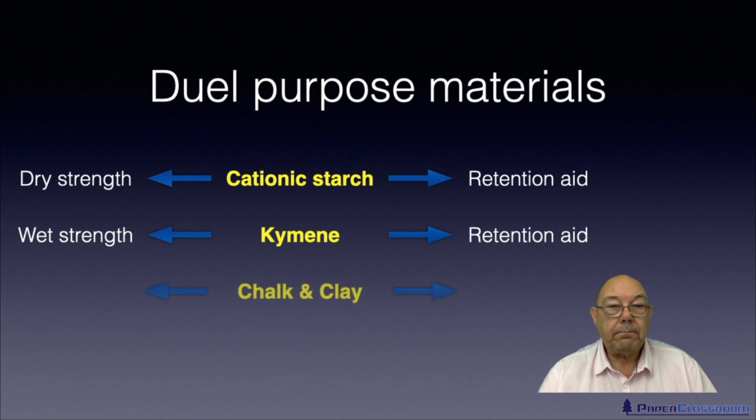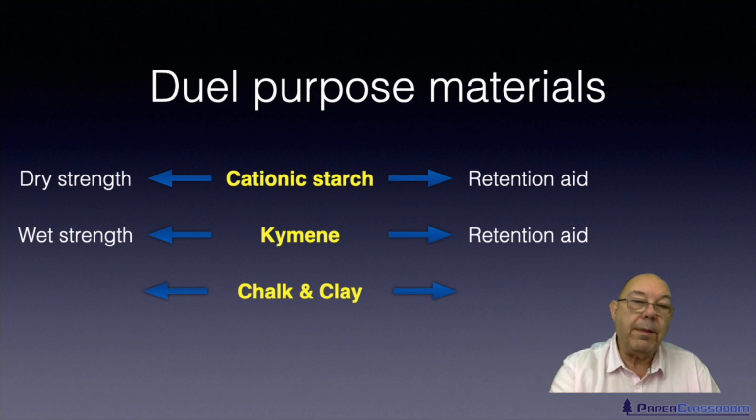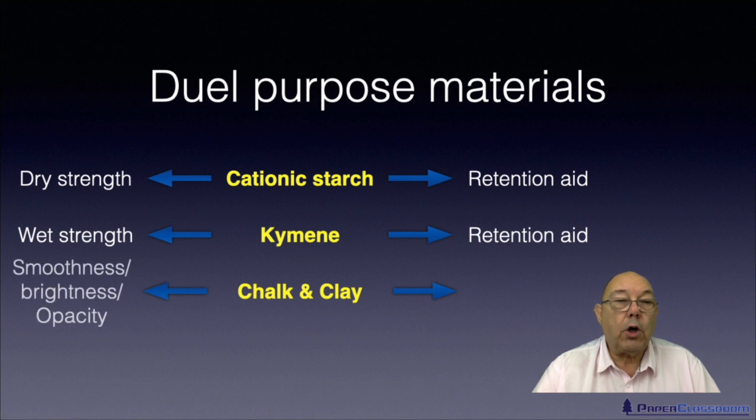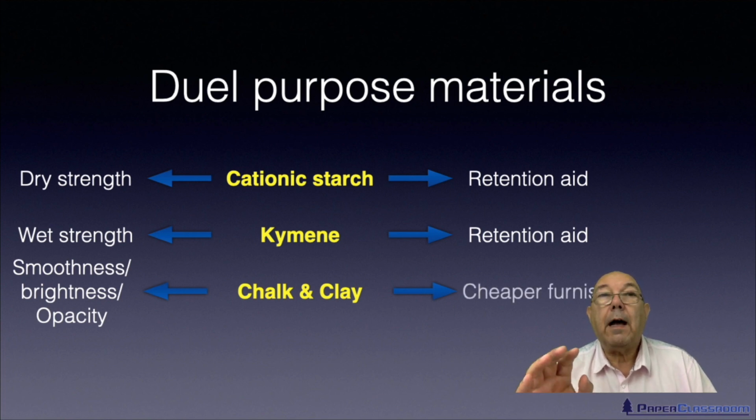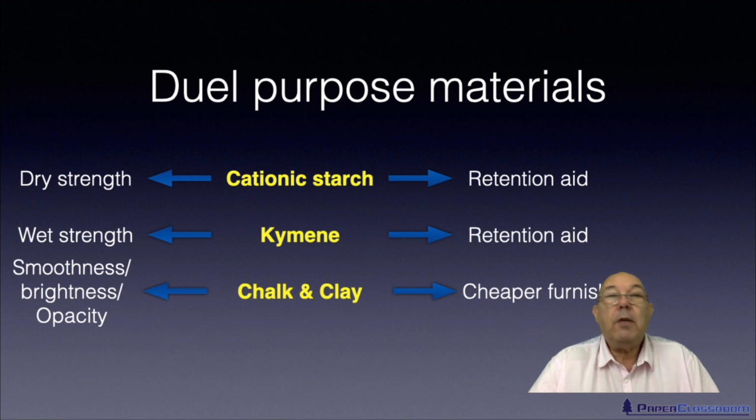And finally, things like chalk and clay. I've excluded titanium dioxide from this because titanium dioxide is a lot more expensive than fibre. These are a lot cheaper than fibre. So we add chalk and clay to improve the brightness of the sheet, or to improve the smoothness of the sheet, or the opacity. You may pay about £100 a tonne for chalk and clay, roughly.